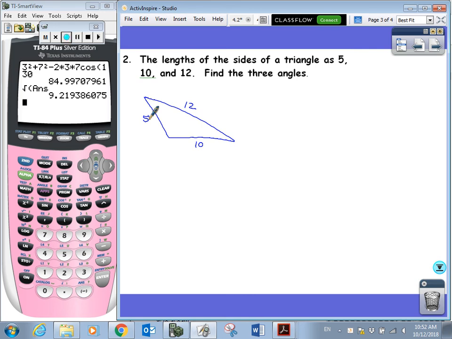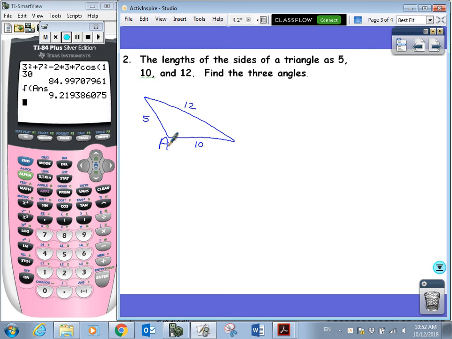All right, so you can find whatever angle you want first. I am going to call this angle A. You can call it whatever you want. You don't even have to call it anything, but you have to call it something in your problem. You can say theta. It doesn't matter because it's not named in the problem. Again, the reason I'm finding A first is because it's across from the biggest side, but it doesn't matter. You can find whichever one you want first.